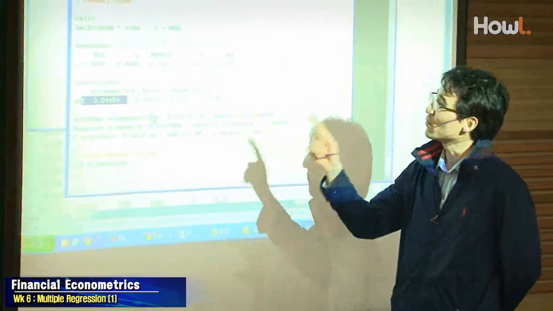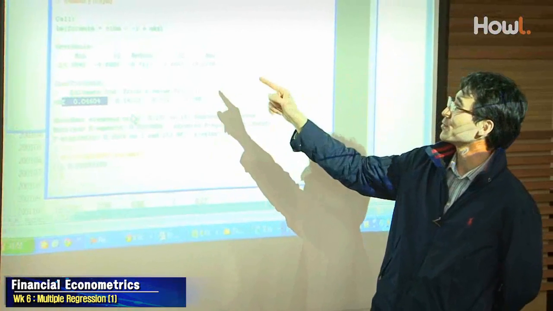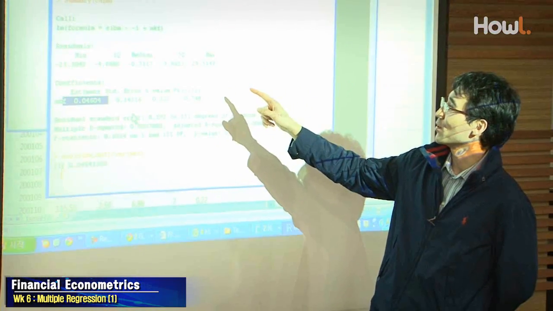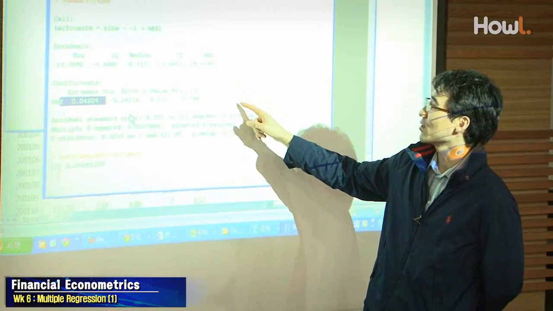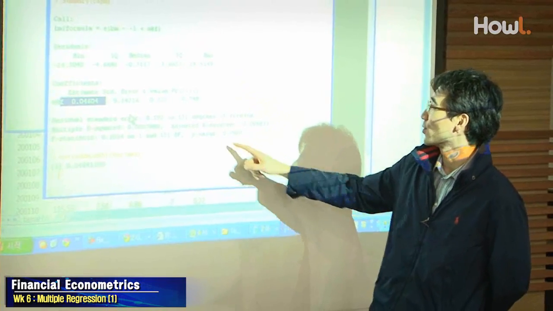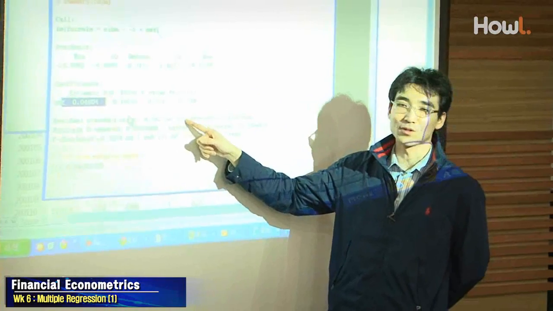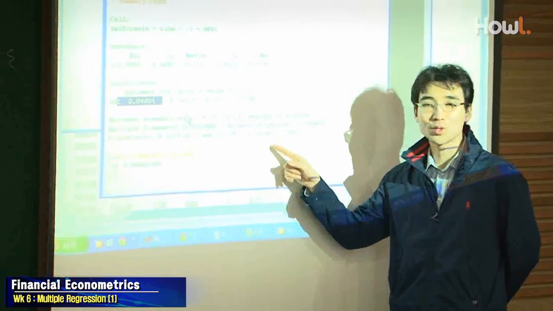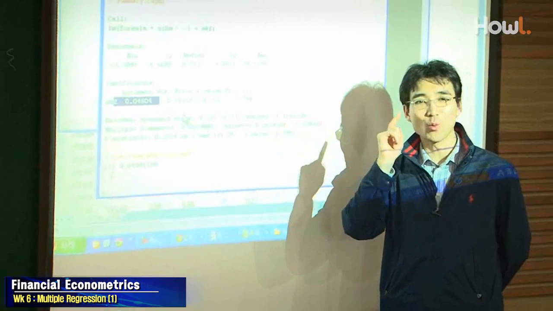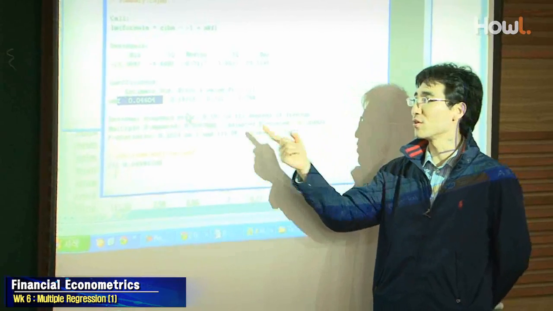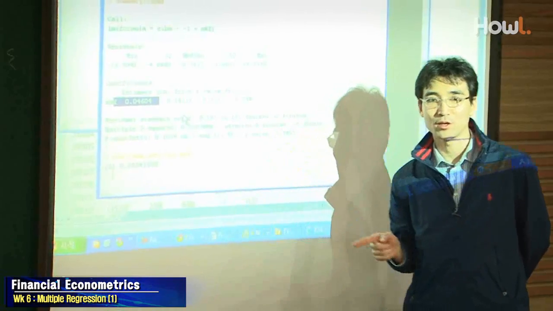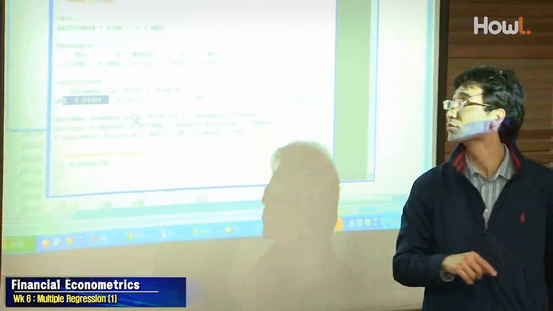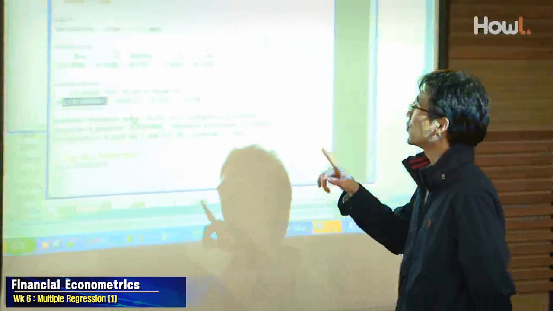In this case, the degree of freedom is the data size minus the number of parameters. So the degree of freedom is 131. It is natural because we have 132 data points and we have only one parameter to estimate. So the degree of freedom is 131.